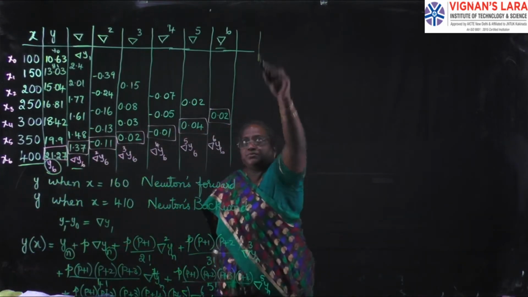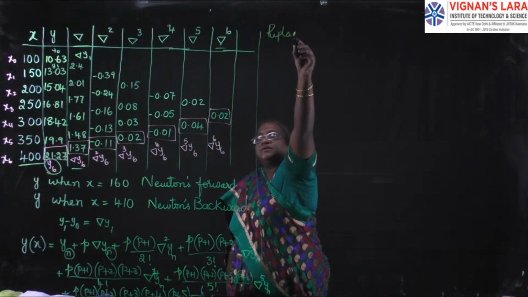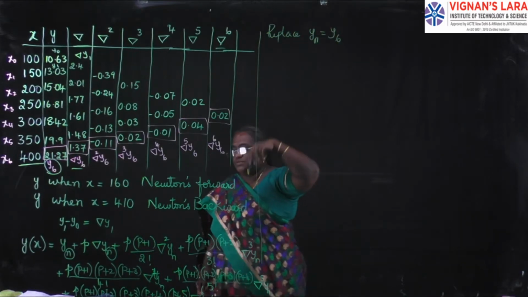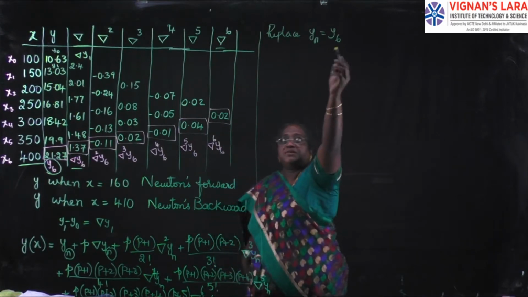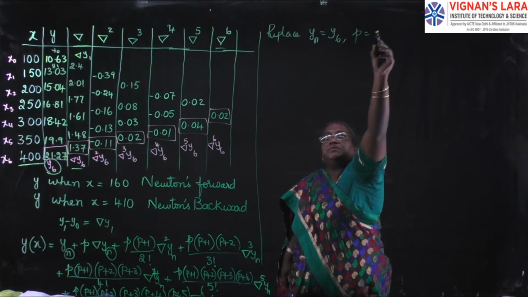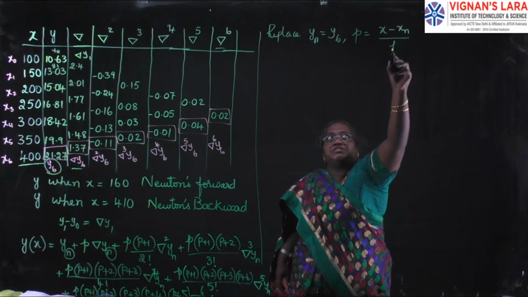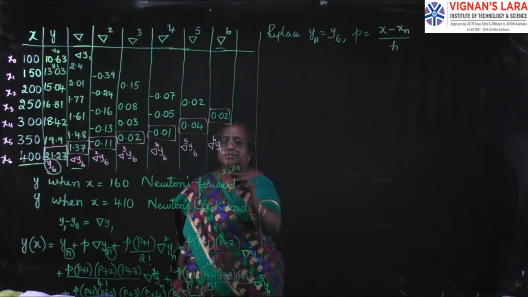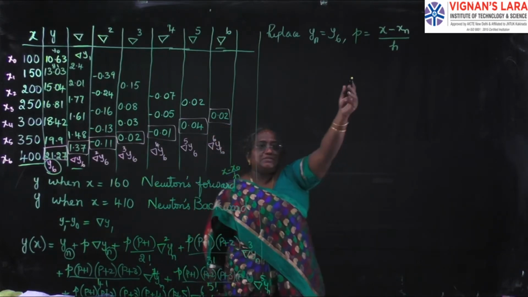Similarly backward yn is equal to first backward y6. What is p here? P is equal to x minus xn by h. In Newton's forward we have written x minus x0 by h. Because this is backward here, it is x minus xn by h.